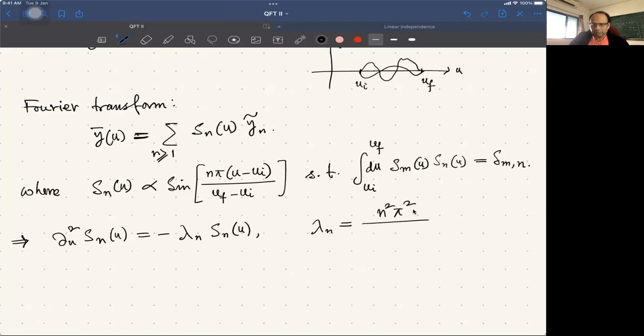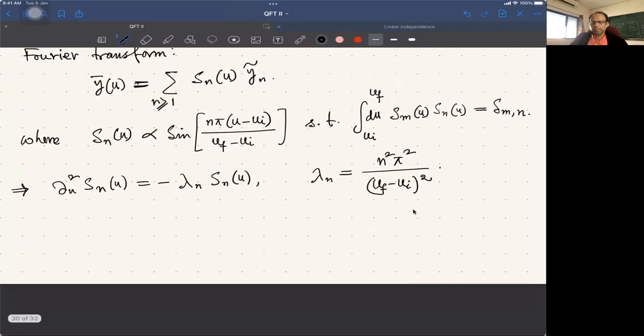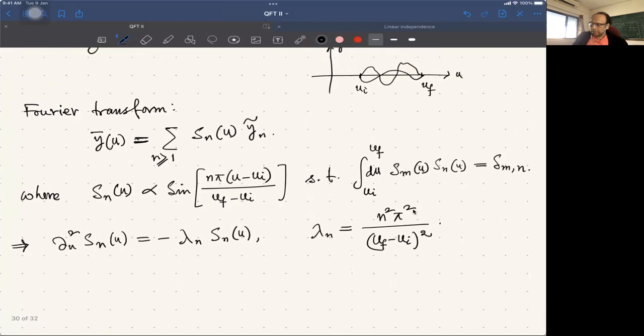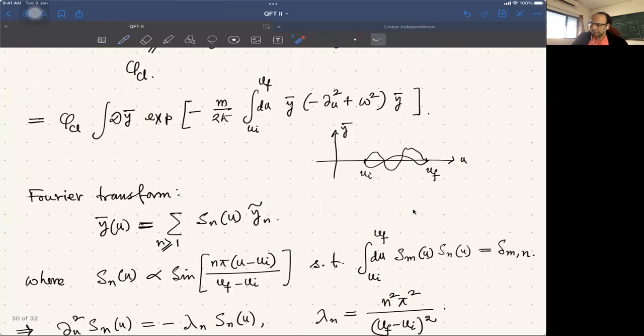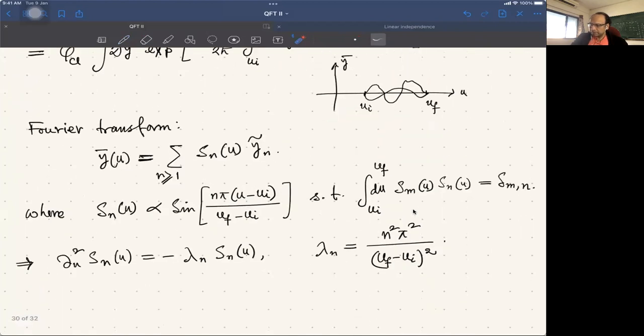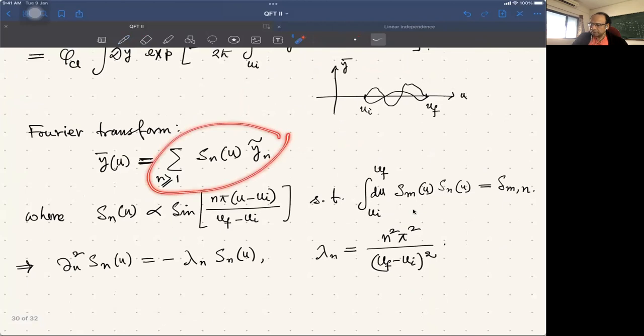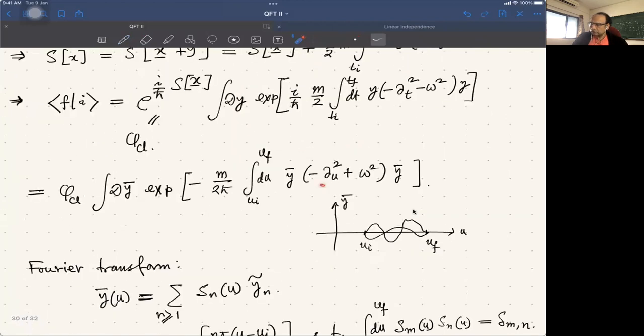You're just taking the double derivative of sine. Now, using this result in the integral, each y bar factor can be given this summation, and then this operator will give you certain eigenvalues.